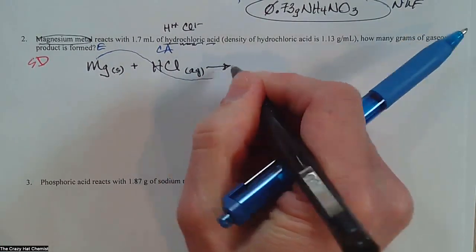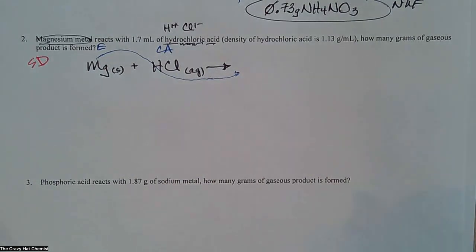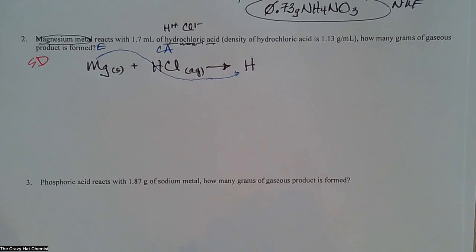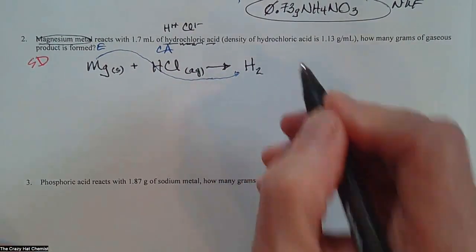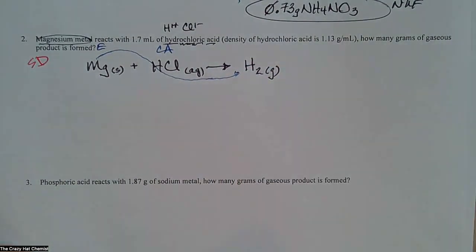So what you will end up having is the hydrogen will be displaced, and then hydrogen will now be the element that is all by itself. Hydrogen, when it is by itself, is one of the 7 famous diatomics, so it will be H2 because it's diatomic. Hydrogen, in its standard conditions, is a gas, so that's why that's a G right there for that.